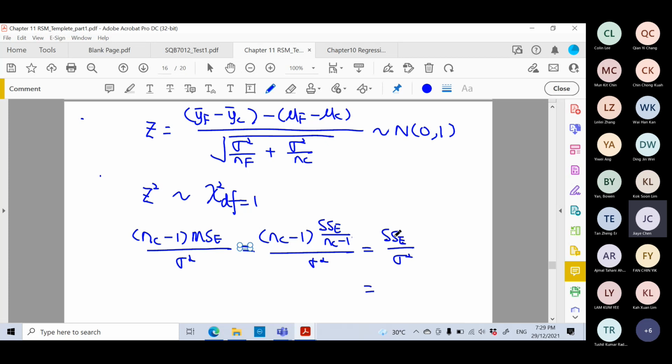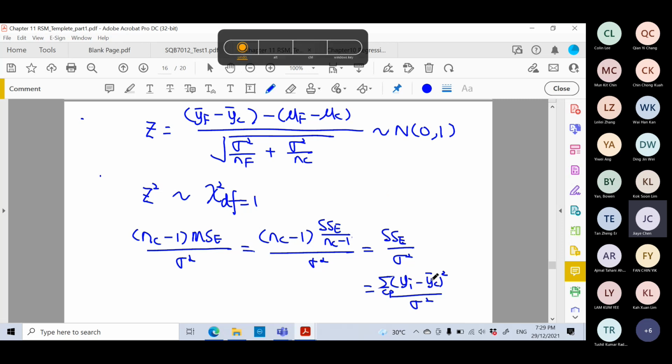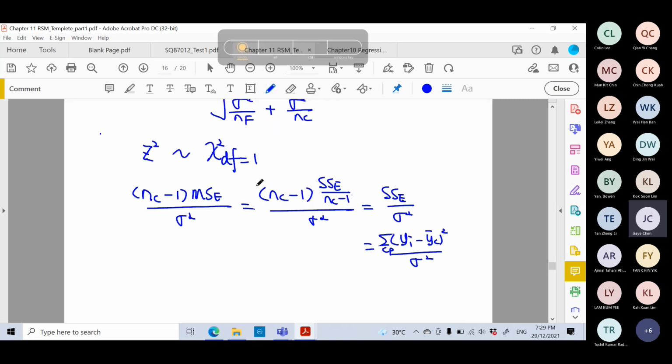The SSE is equal to the sum of (yi minus the mean for the center point) squared, divided by sigma square. If we write it out, it's this thing, and it follows the chi-square with degree of freedom equal to NC minus 1.